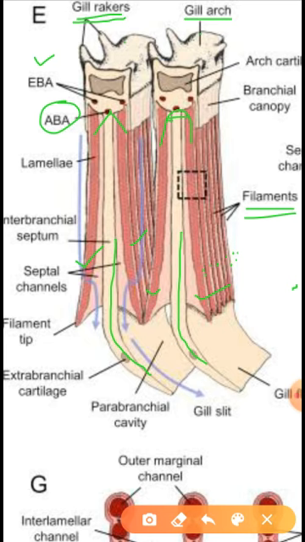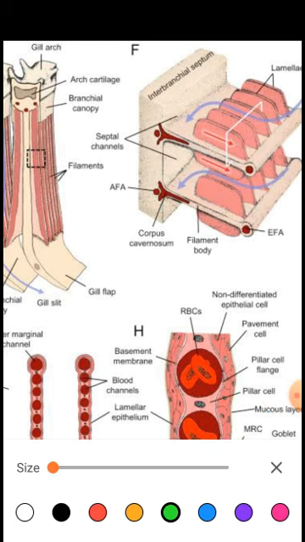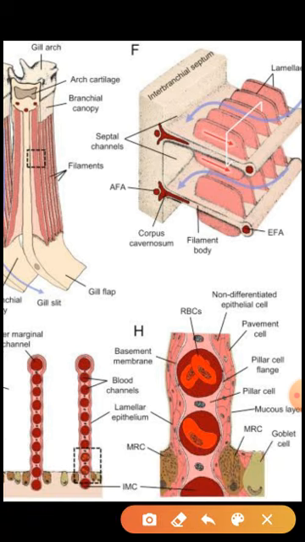If we cut the diagram from here across the septum and filaments, right? Now see here, this is a diagram across the septum and across the filaments. This one is the septum, you can see, and the pink one is the gill filament.